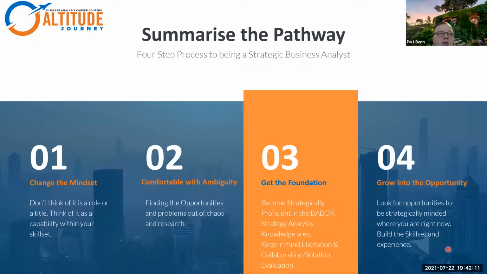You need to be able to use elicitation and collaboration at a strategic level in order to understand what needs to change and why it needs to change. Being able to extract out of solution and enterprise evaluation the concepts and the ideas and the thoughts that can go into a strategic analysis, and being able to join those dots.